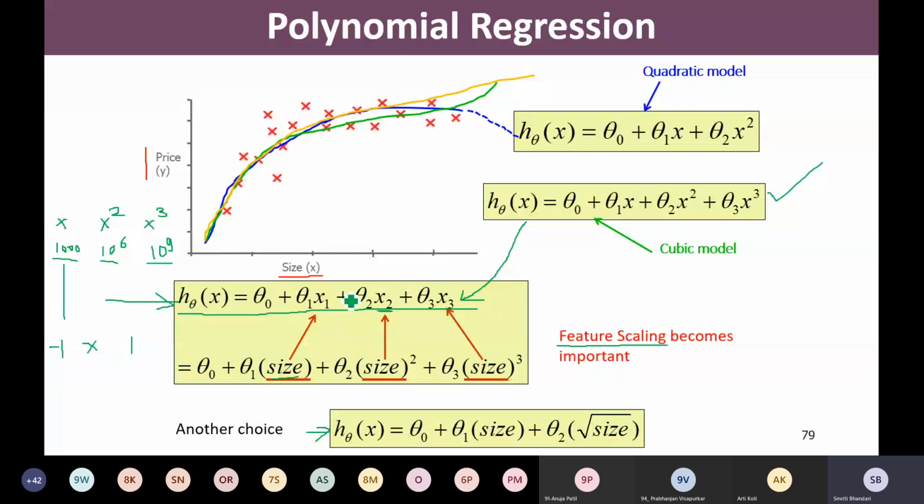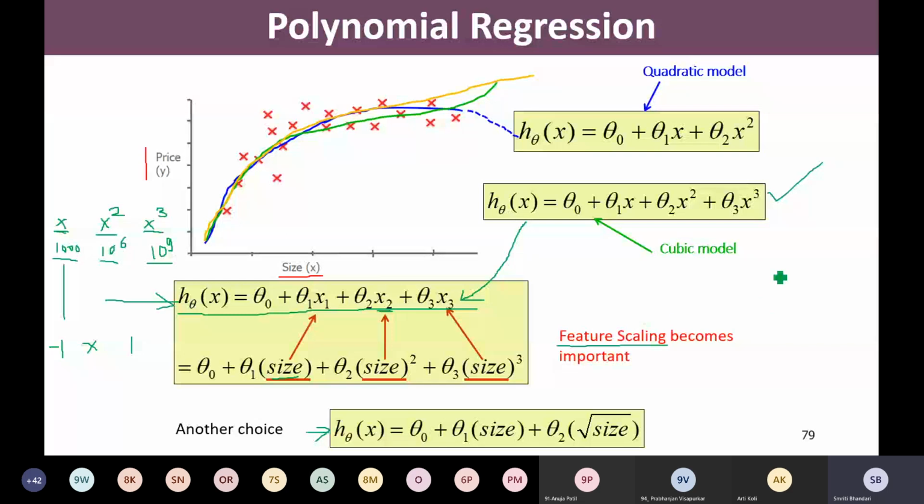So, a simple modification in our algorithm. We had only one feature, but based on that one feature, we have created several other features, x square, x cube, and so on. We are now making use of these features to come up with a hypothesis that might be a better fit. So this is a non-linear function, no doubt.